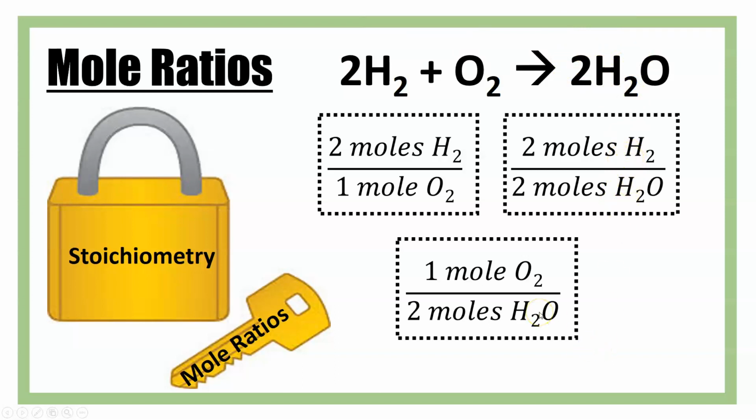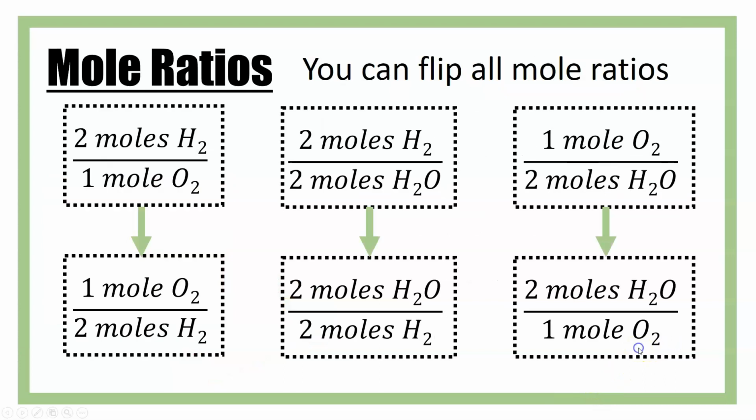There's one more unique combination we can make, which is moles of oxygen to moles of water. Now, some of you might be saying, but what about the other direction? What if I did oxygen on top and then hydrogen on the bottom? Or water on top and hydrogen on the bottom, etc.? And that's great to notice, because just like any conversion factor, you can flip these also.